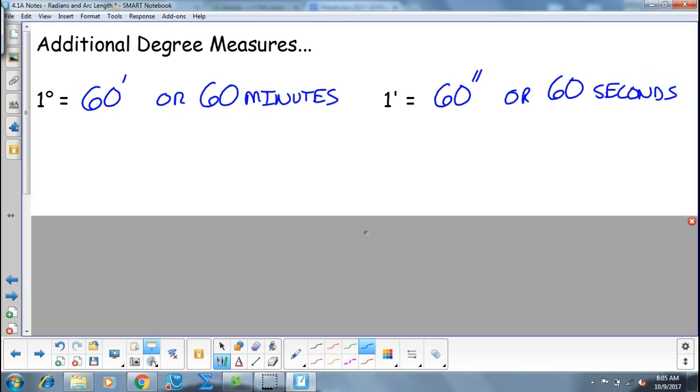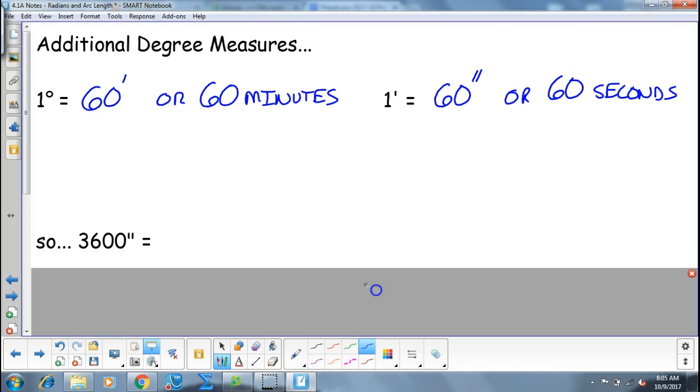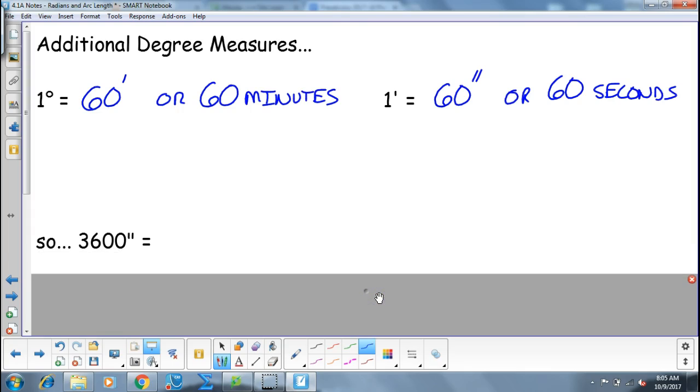Okay. So, 3,600 seconds is 1 degree. Because if each minute is 60 seconds, and each degree is 60 minutes, 60 times 60 is 3,600. Okay?